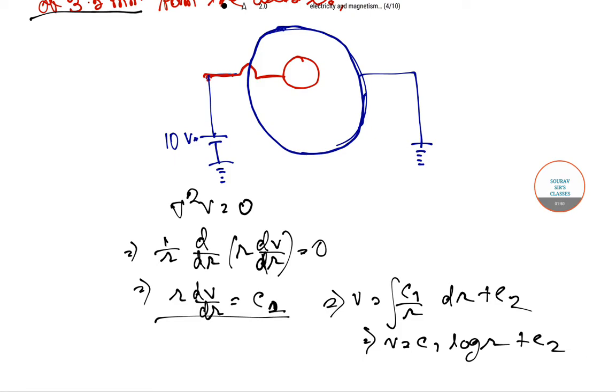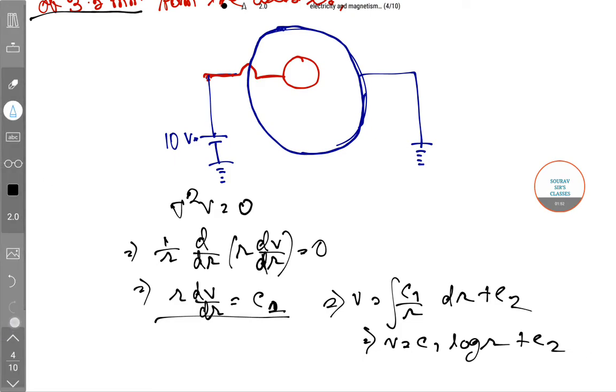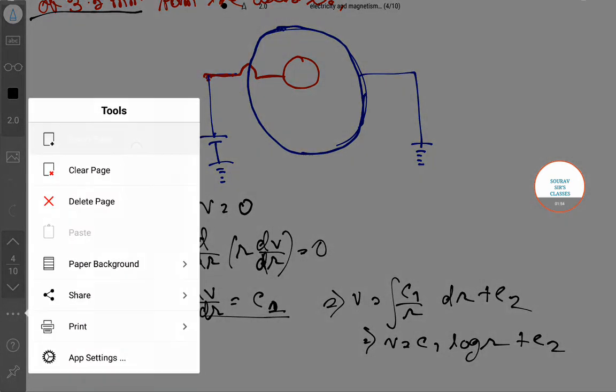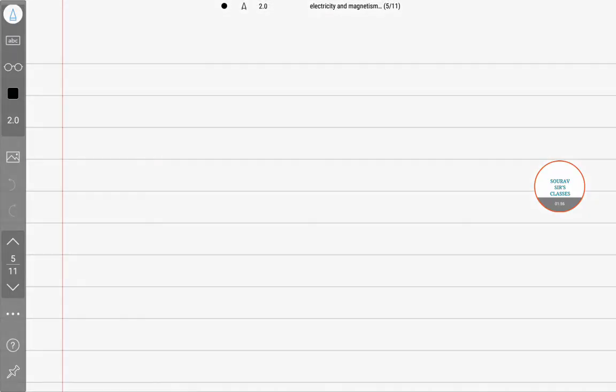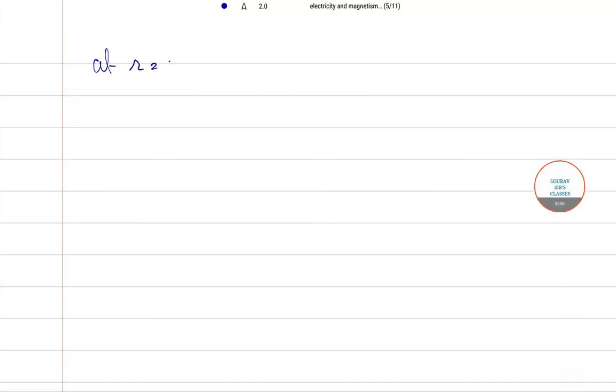At R equals 2 mm, V equals 10, so we have 10 equals C1 log 2 plus C2.